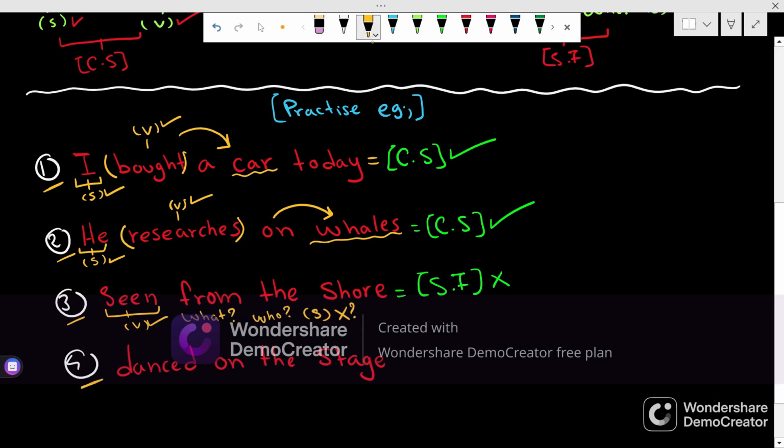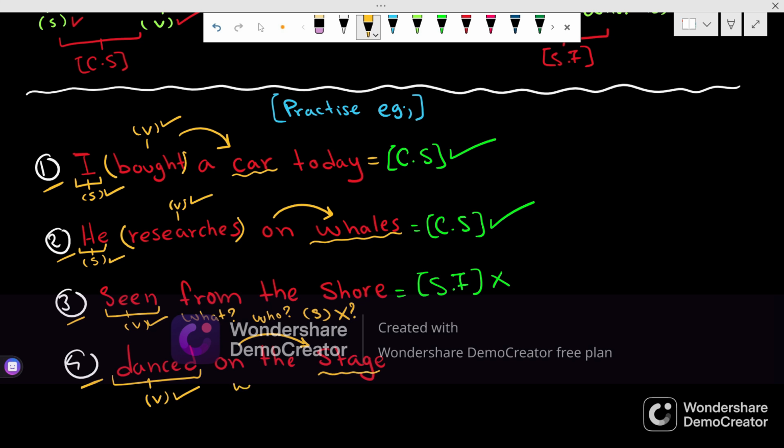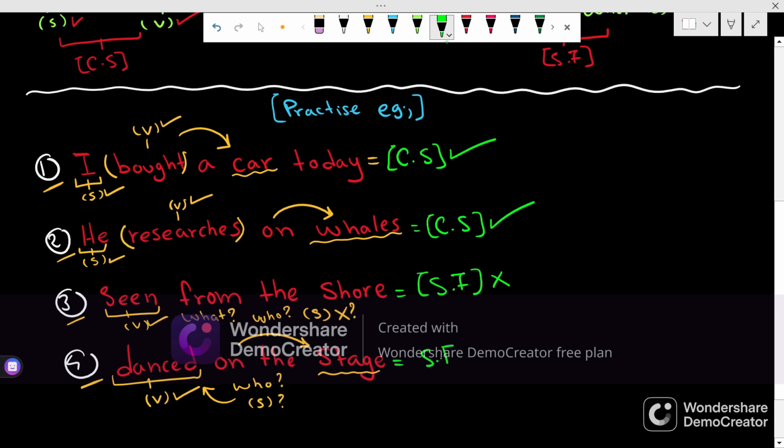Number 4. Danced on the stage. Here, danced is the verb. On what? On the stage. Who danced on the stage is unknown. So the subject who performed this action is unknown. So this is a sentence fragment, because it does not express a complete meaning.